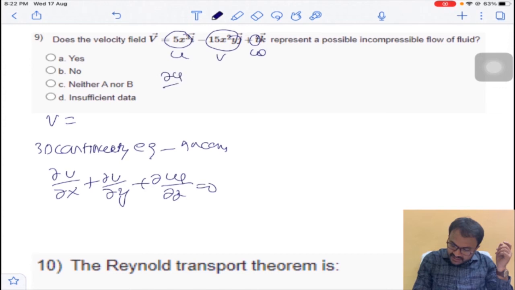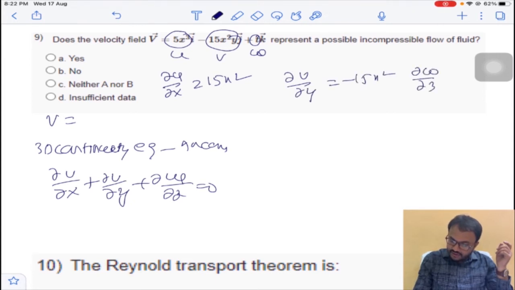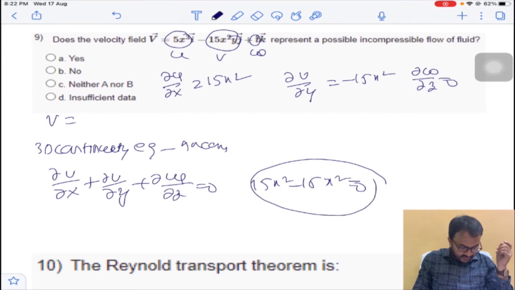Now I am differentiating: ∂u/∂x is equal to 5 times 3, which is 15x², ∂v/∂y is equal to minus 15x², and ∂w/∂z is equal to 0. Okay. So now the summation is 15x² minus 15x², which is equal to 0.